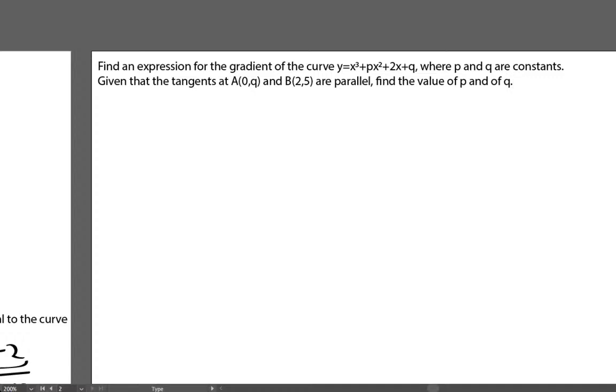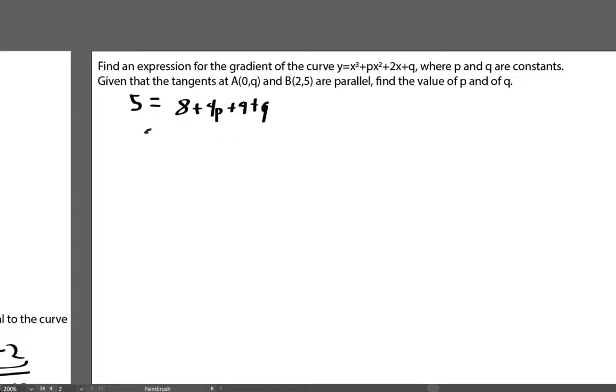But when you plug in 2, it gives us an equality: 5 equals 2 cubed, 8, plus 4p plus 4 plus q.